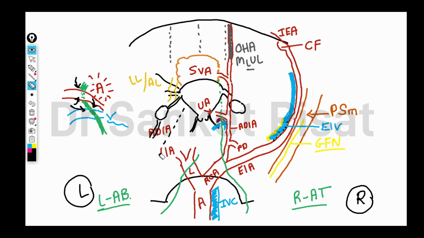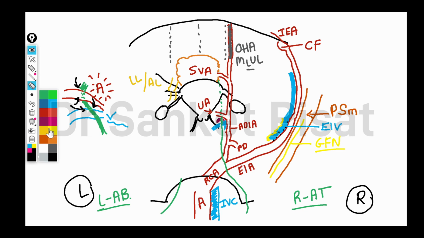So I am going to take away some of the structures on this side in order to make some room, and we are going to draw the bowel coming in over here. So now we have the bowel coming in over here, probably placed like this. So this would be the rectum over here.